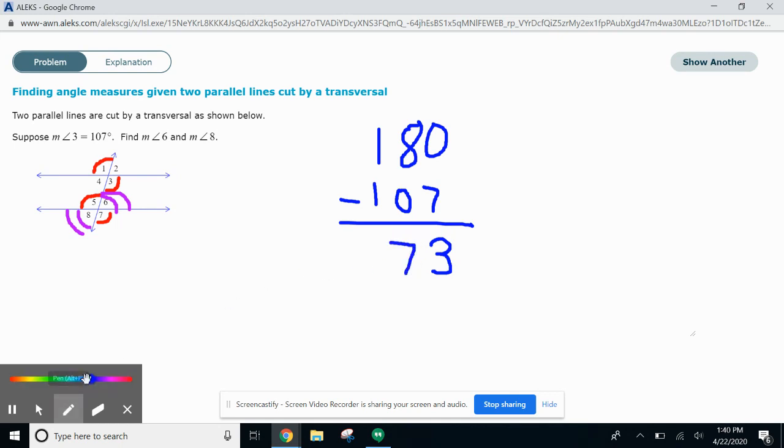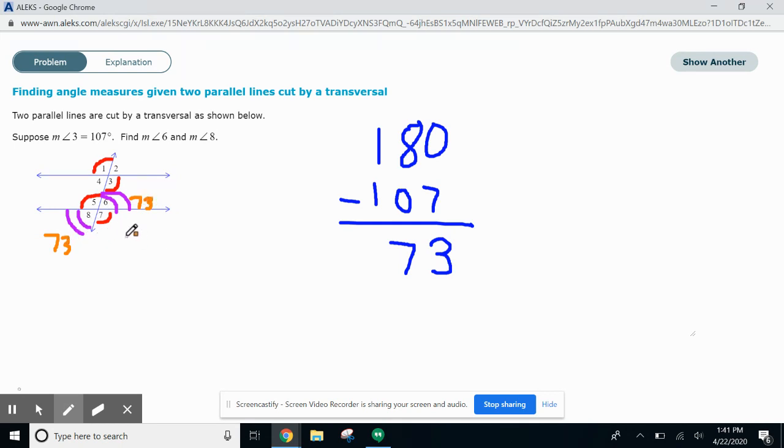So now all these purple angles are going to be 73. And 6 and 8 are what they're asking for, so that's going to be 73 degrees. When you type this in, you're going to have a little box here to put the answer, and it's going to ask you to type in 73 for 6 and 73 for 8.